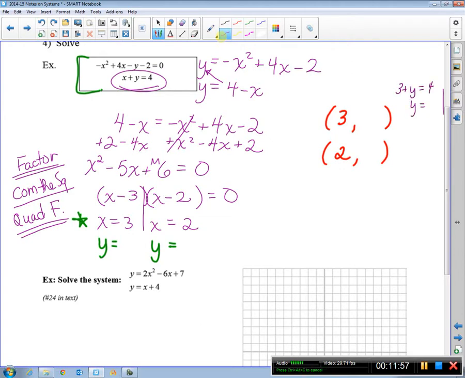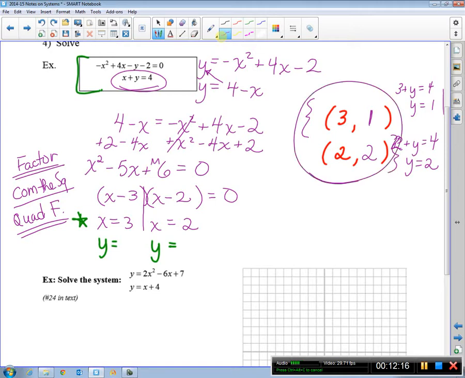And of course, then y is 1. And for the 2, 2 plus y equals 4, and then of course y equals 2. And lo and behold, we come up with the same solution set as the previous problem, because it is the exact same problem. 2, 2, and 3, 1.